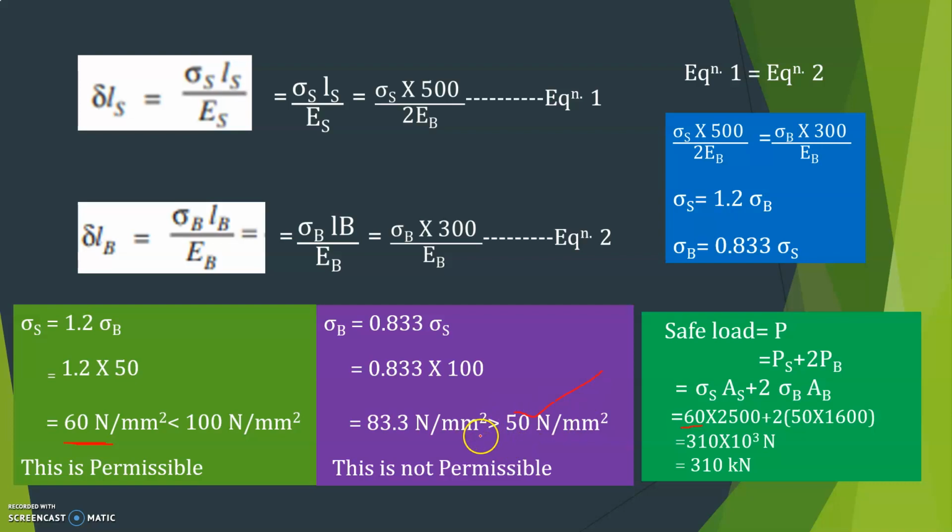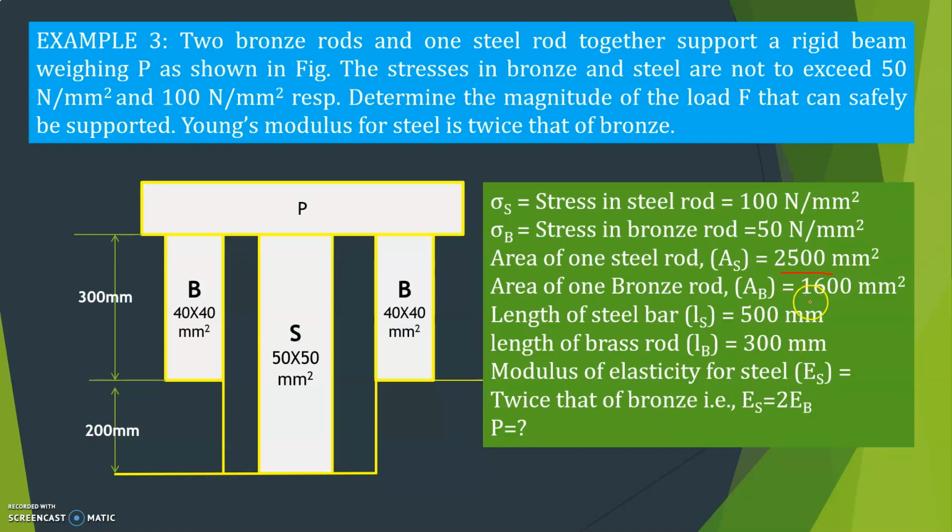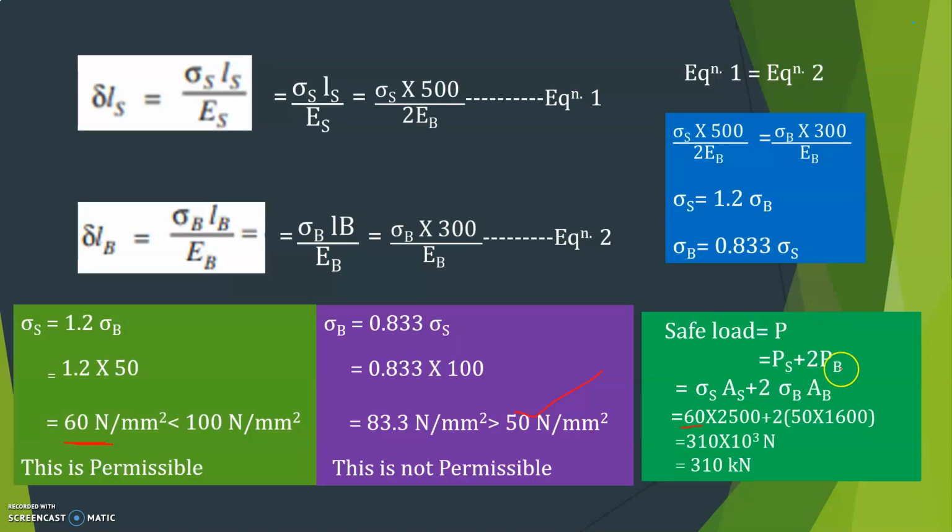Lesser value you have to consider. So substitute here 50 into area of the bronze rod, that is equal to 1600. Simplify this, you get 310 into 10 raised to 3 Newton, or P is equal to 310 kilo Newton. In this way you can calculate the safe load.